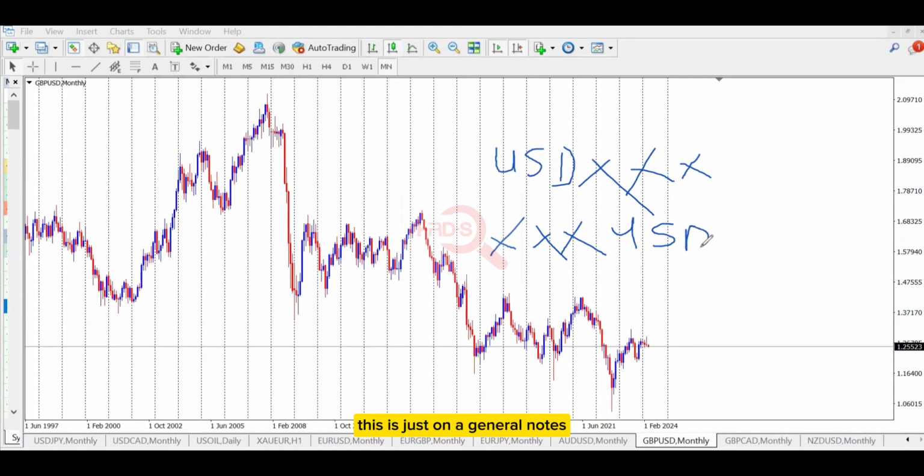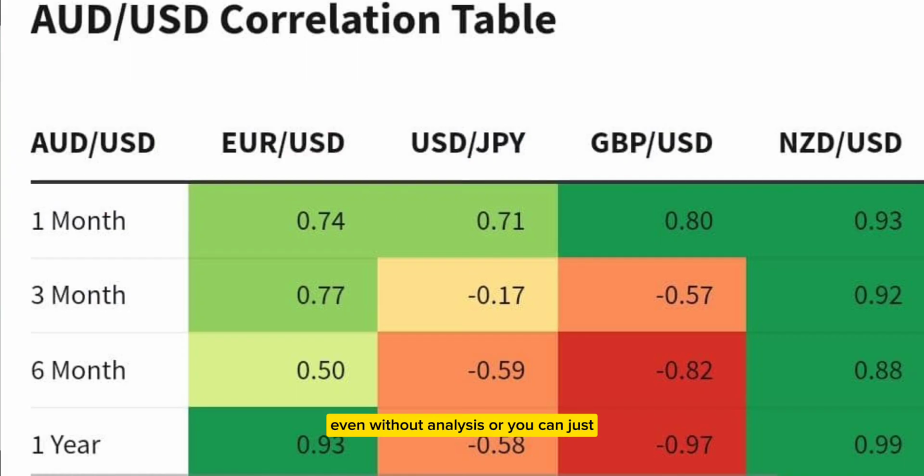This is just on a general note, okay? Because remember what we said, that when you have a pair, the base pair is what you are trading. So just having this in mind is going to help you to determine the direction of currency pairs even without analysis. Or you can just use them for confirmations.